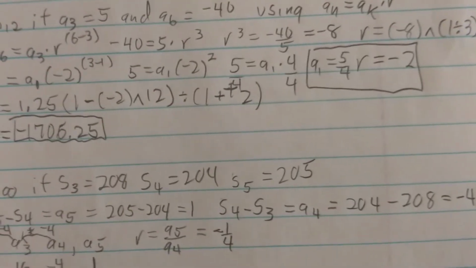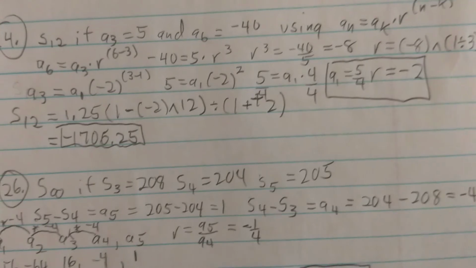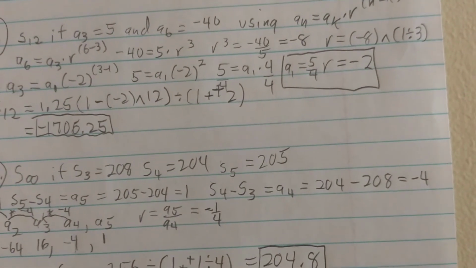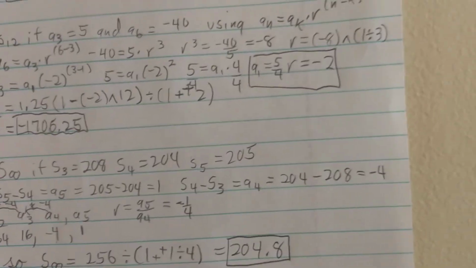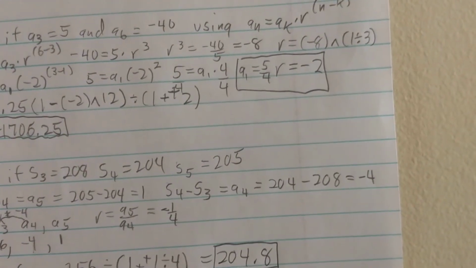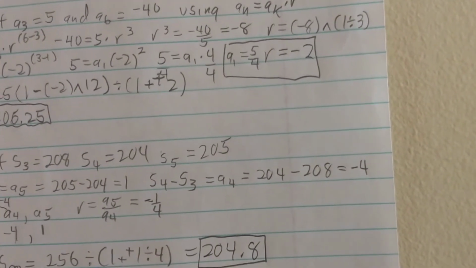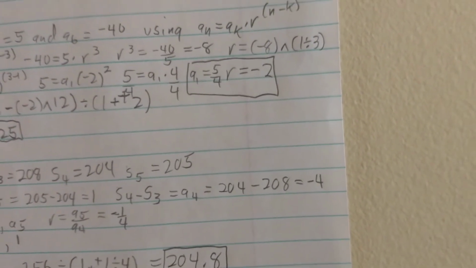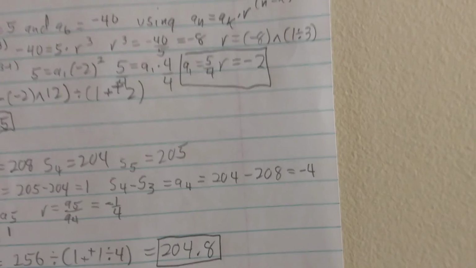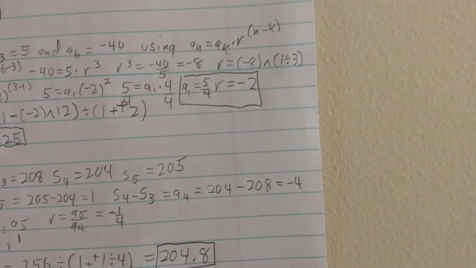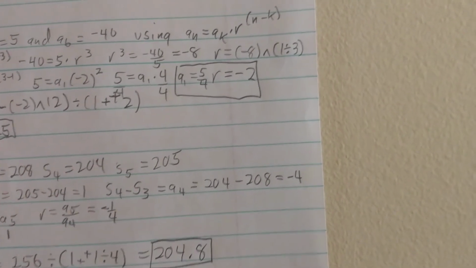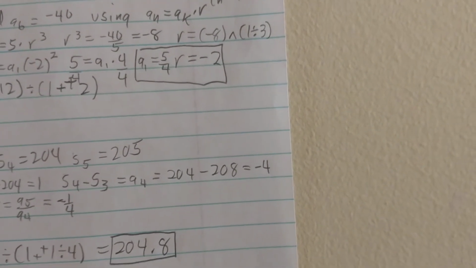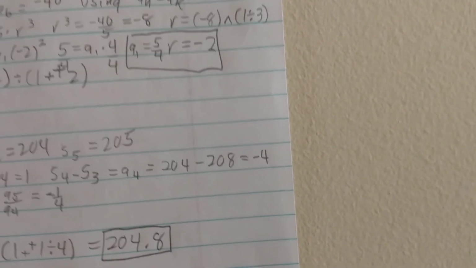We know that a sub 6 is negative 40. A sub 3 is 5 times r to the 6 minus 3, which is r to the 3rd. So dividing both sides by 5, we get r to the 3rd is negative 40 over 5, or negative 8. Now to get the final answer, we need to put negative 8 in parentheses, as shown, power in parentheses 1/3, and r comes out as negative 2.